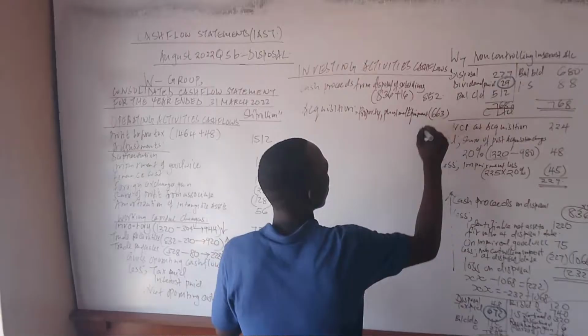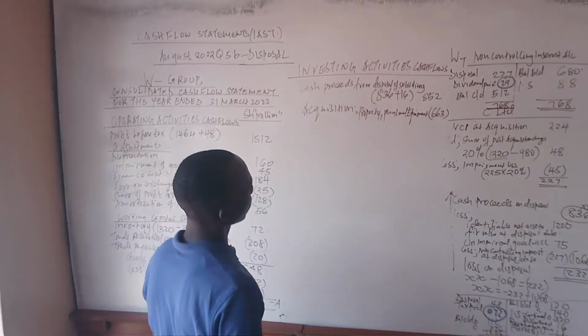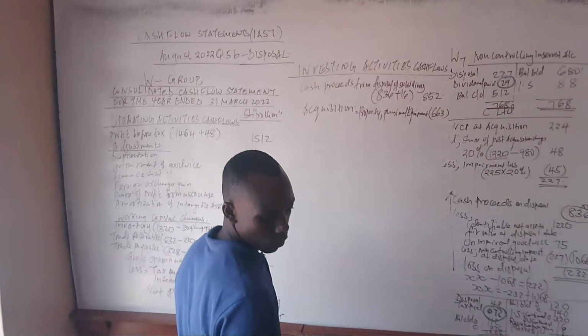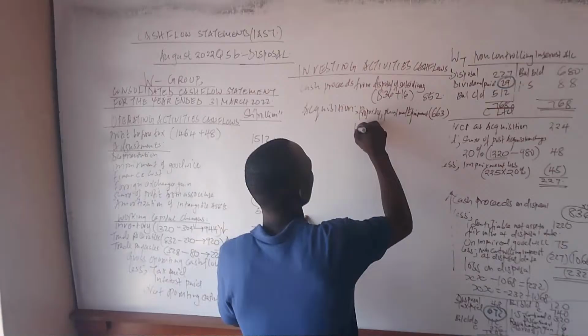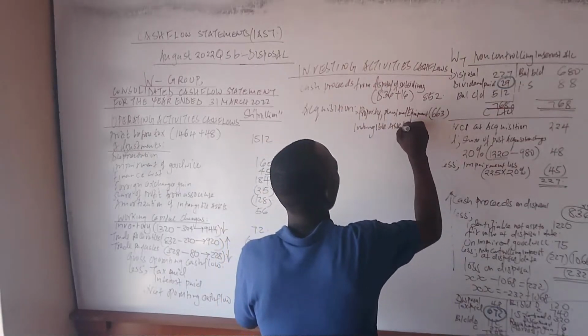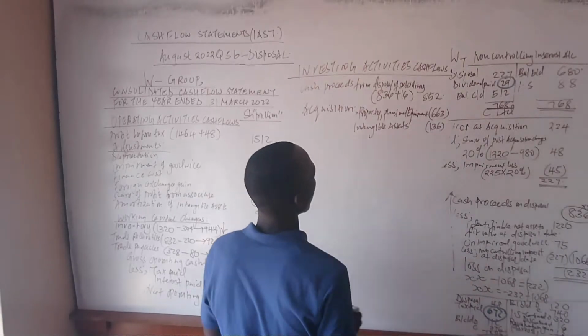What else did we acquire? Acquiring, we spend more. Did we acquire intangible assets? Yes. Are you sure? Confirm from our 136. Intangible assets, how much? 136. Then did we acquire any goodwill?